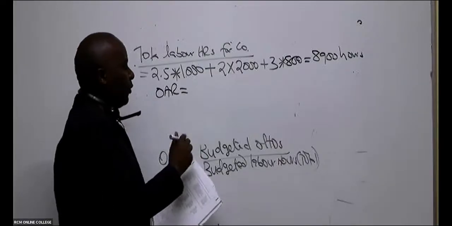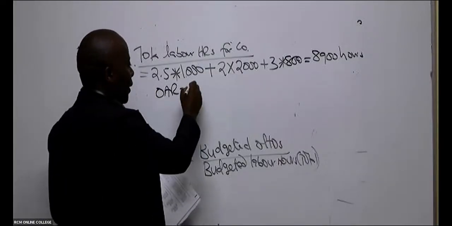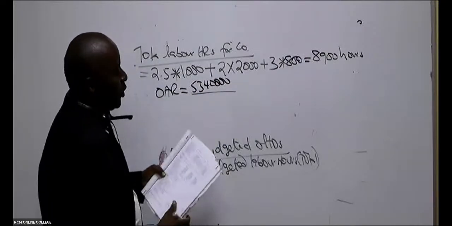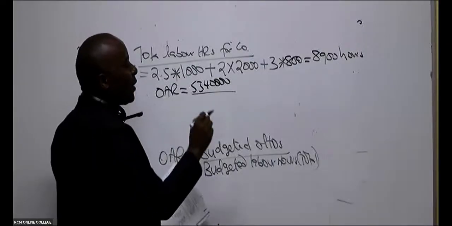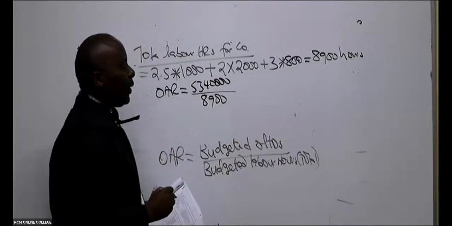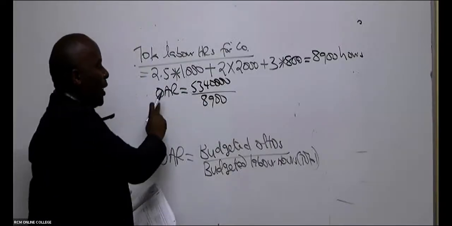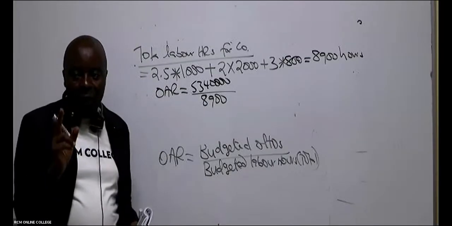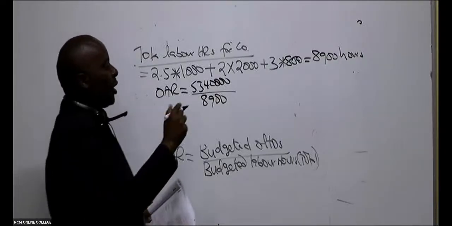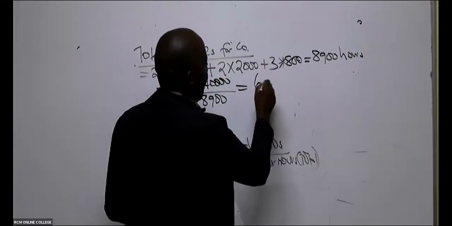Are you able to see 5340? 5340,000. Divide this by the budgeted labor hours that you have given me, which is 8,900. So the overhead absorption rate per hour will be how much? 600. Thank you so much. 600 per hour.